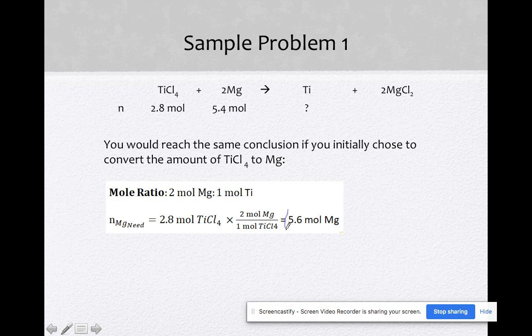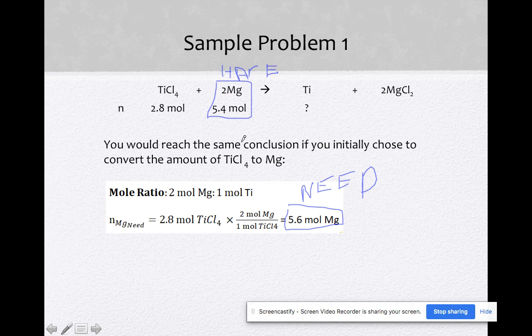Now, this 5.6 moles is the amount that we need. In here, if we look at this over here, 5.4 moles, this is the amount that we actually have in this experiment.